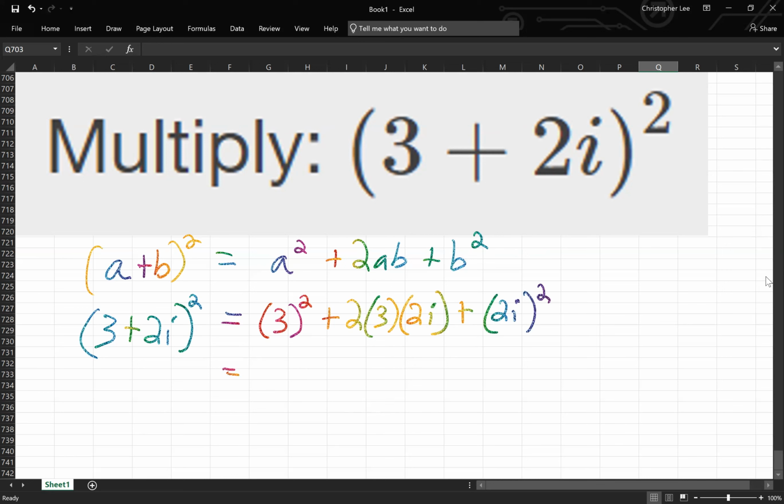And then what does that become? It's 9 plus, what's 6 times 2 again? 12i plus 4i squared, right? 2 times 3 times 2. And then this becomes 9 plus 12i plus 4 times -1.